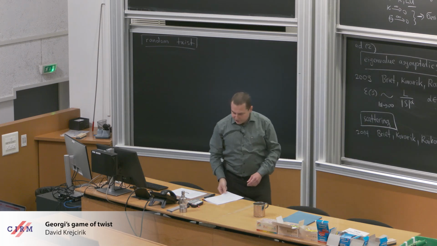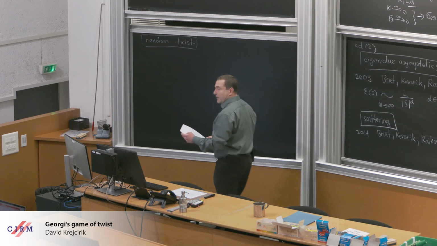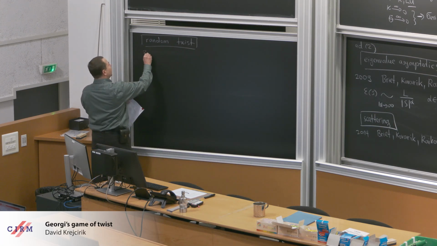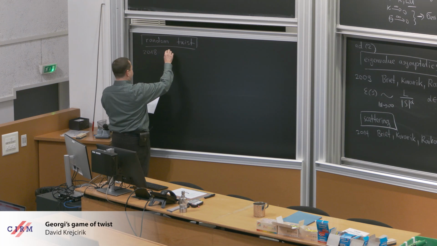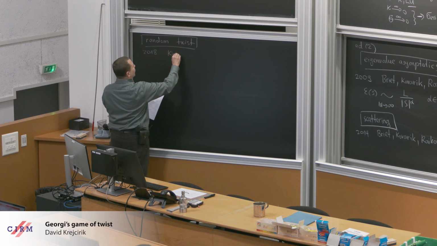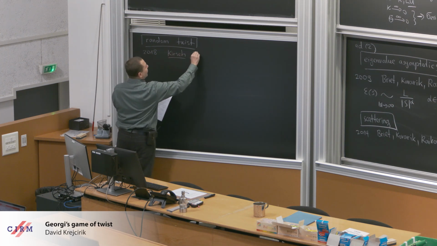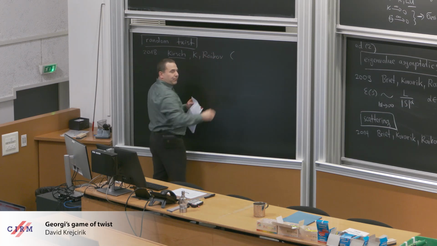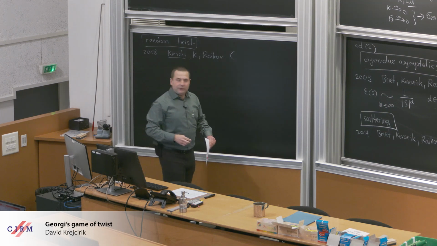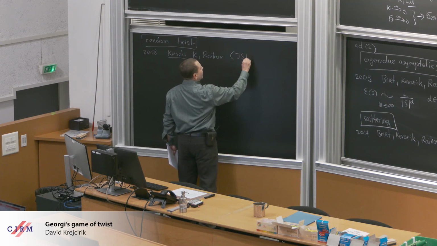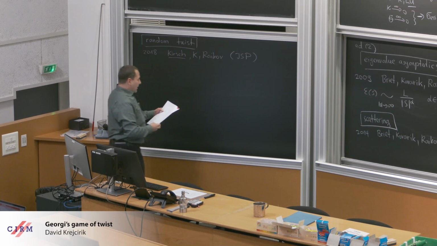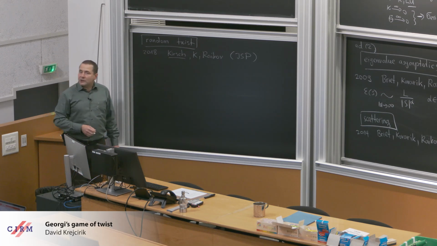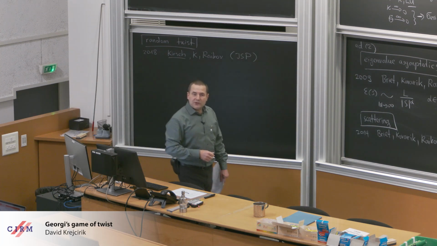And this is a collaboration with Georgi, of course, and Werner Kirsch, who was supposed to be here. It was published in the Journal of Statistical Physics. And the idea was to consider random twisting, Anderson type twisting.